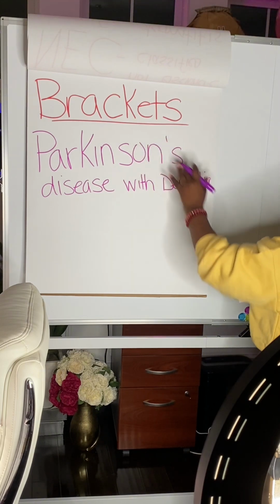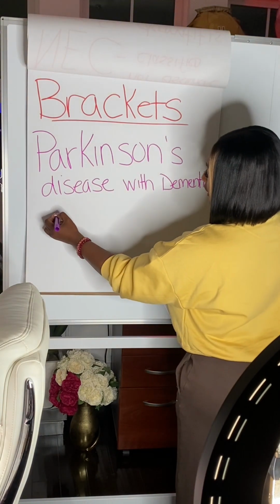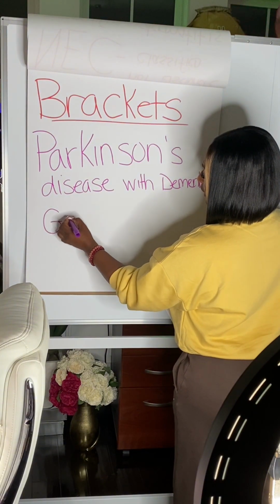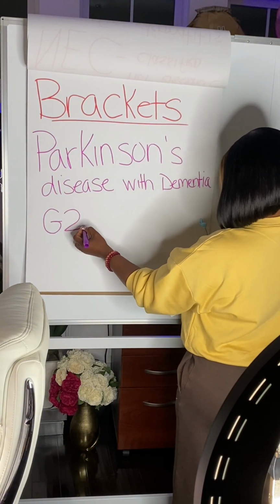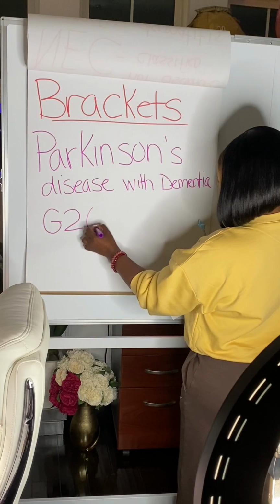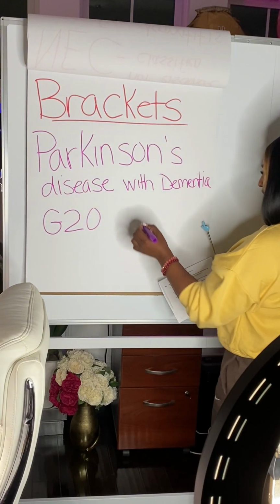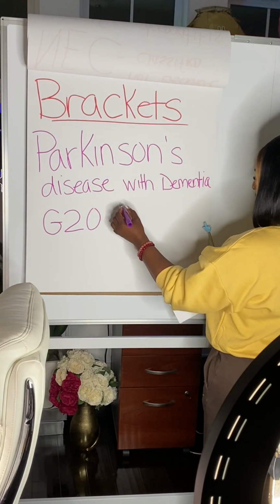Okay? So we've indexed Parkinson's in the alphabetic index. G20, Parkinson's disease with dementia. This is what you'll see.